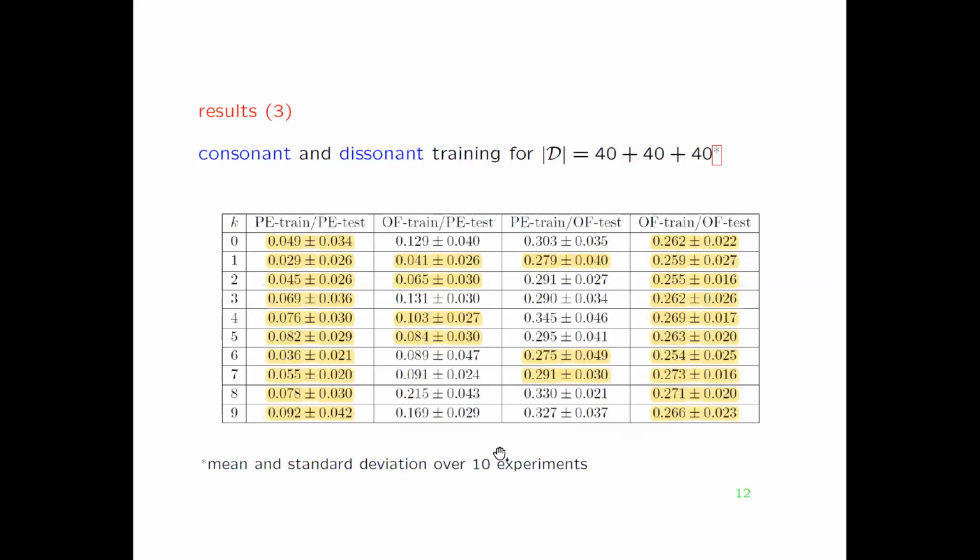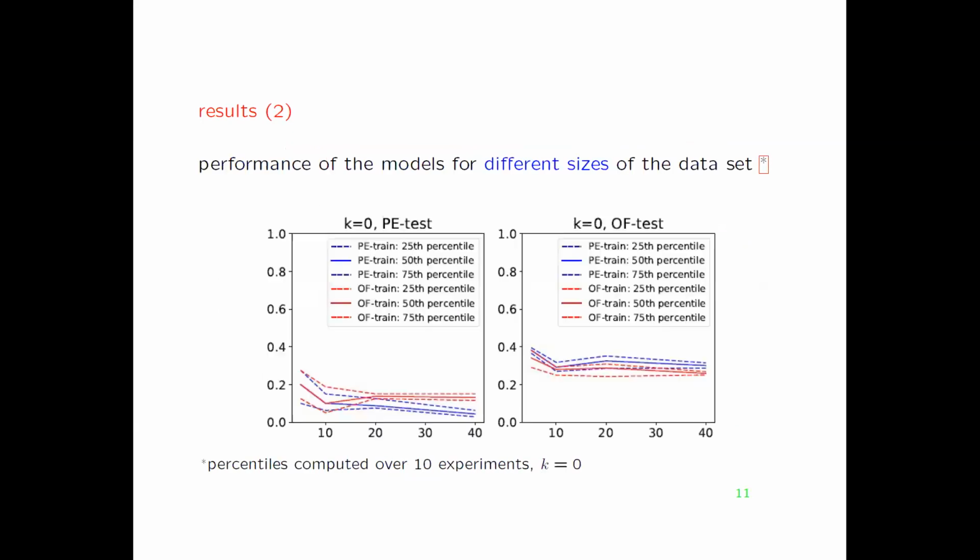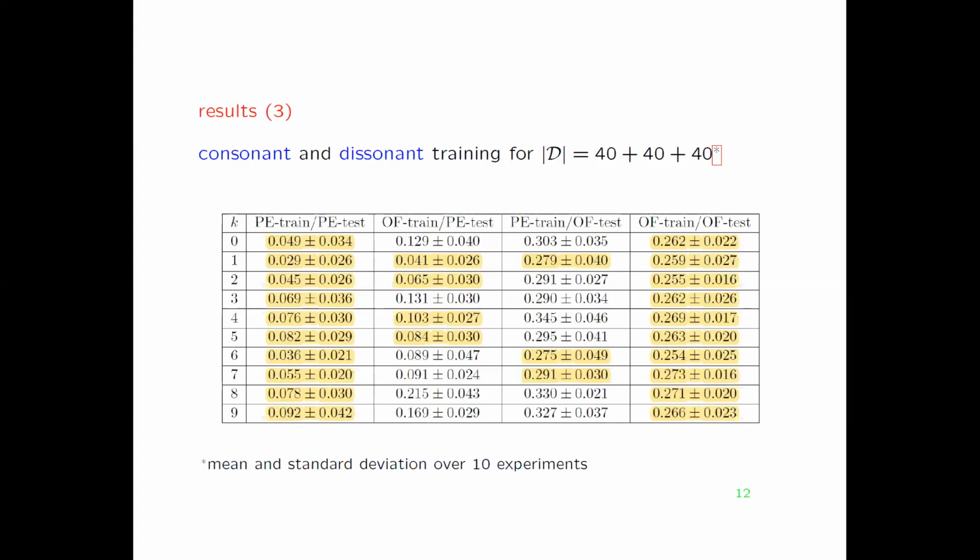And here are some numbers about our experiments. This is for the last case, where we have the largest data set that we have tried. I highlighted the best performance in each row, and we see that for both the pointwise and the conformal training and testing, the consonant training is always winning.